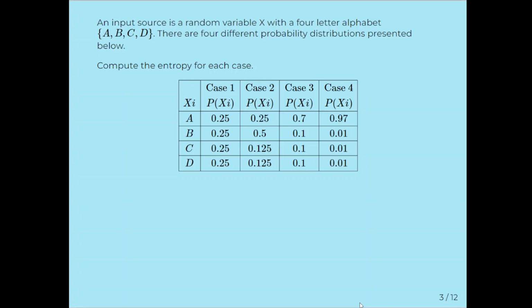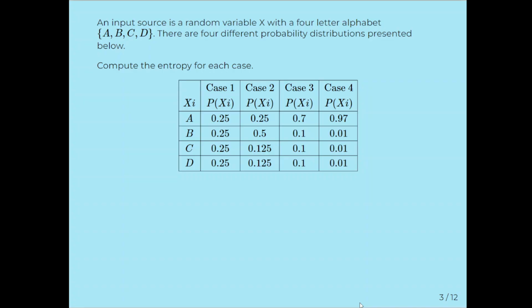Okay, so we have four characters in our alphabet, A, B, C, and D. What I'm going to do here is look at the four cases where there are varying probabilities for each of these characters as part of the information source. In case one, each letter has a probability of 0.25, which is to say the maximum level of entropy, as we're going to find out.